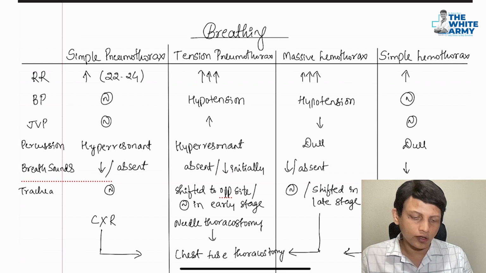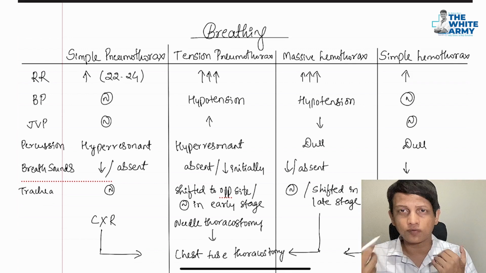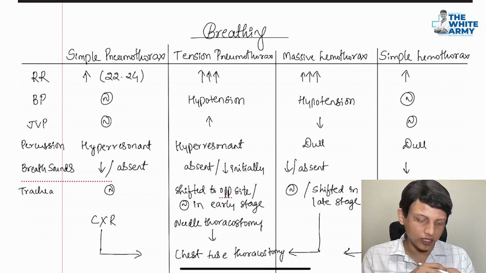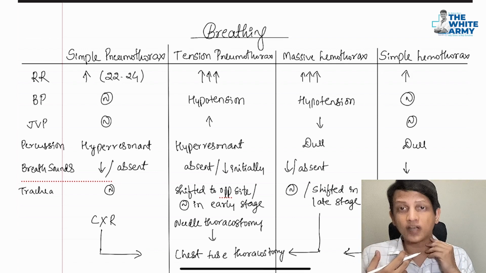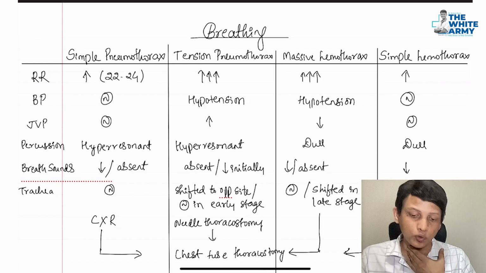In any pneumothorax or hemothorax, respiratory rate will be increased, tachypnea will be there, and in massive hemothorax, because blood is lost, they may develop hypotension. JVP will usually be elevated in tension pneumothorax, whereas it will be decreased in massive hemothorax.